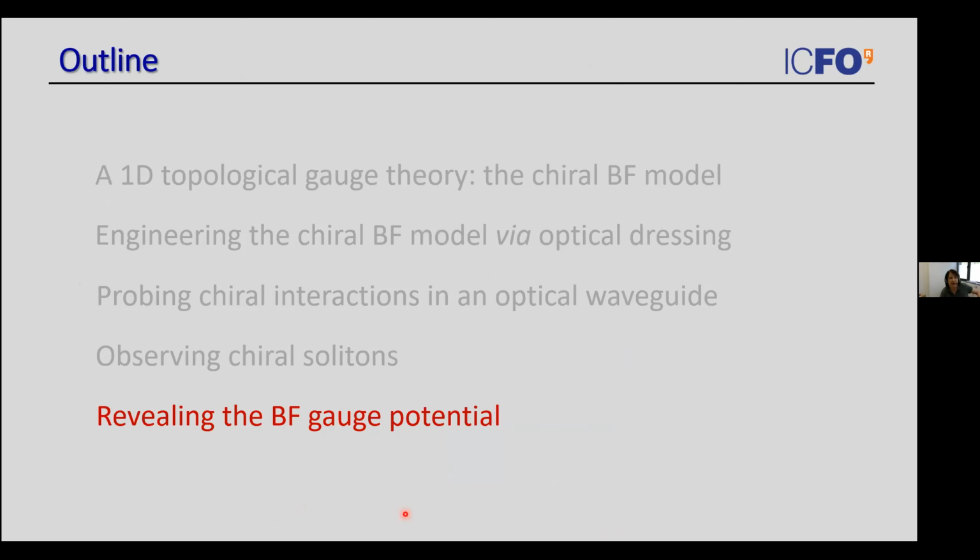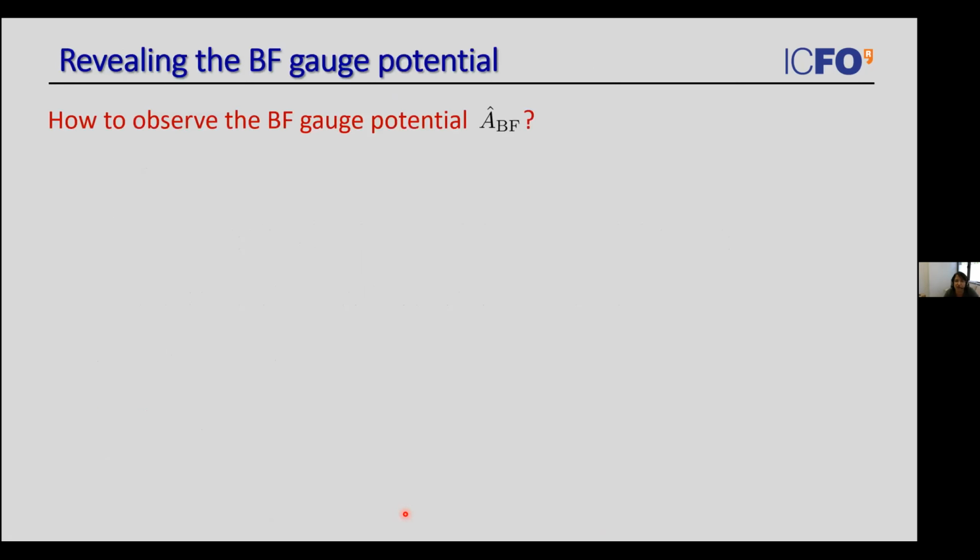Now, the last point. So I told you this chiral BF theory comes from having a vector potential, this BF gauge potential that is proportional to the density of matter. So how can we see that experimentally? Actually, to see that, we have to think that we have to see a vector potential. And of course, a vector potential we cannot see directly. We need to see a difference of it or a time variation of it.